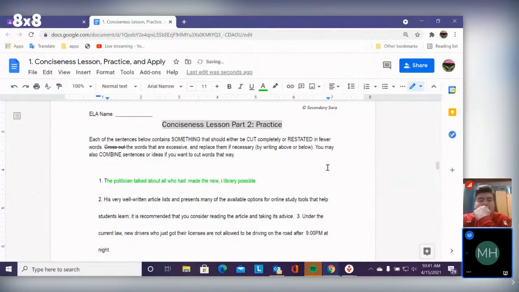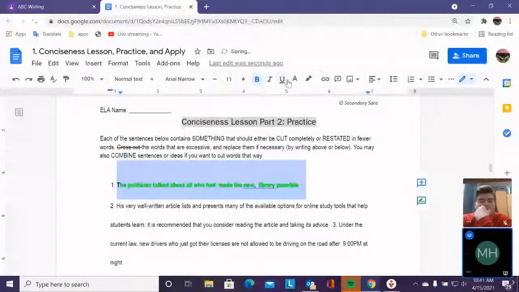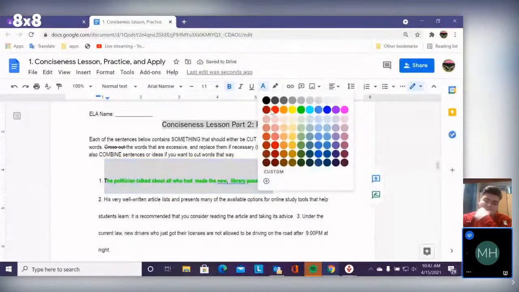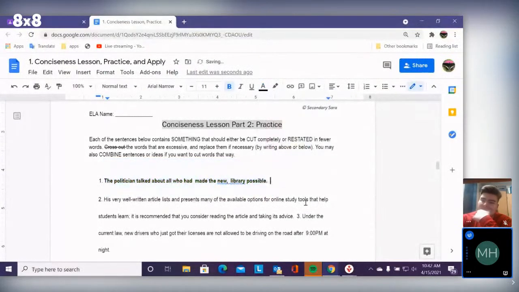Bam, there's a new sentence. Make this all black. There you go. There's a new sentence. Concise, still understanding what he was doing, maybe even thanked all who had made the new library possible, that he talked about them. So let's look at the second sentence, and this is a big boy.